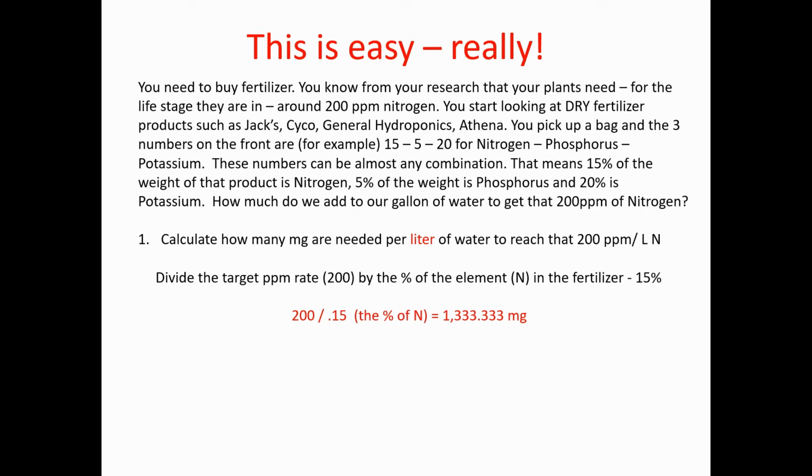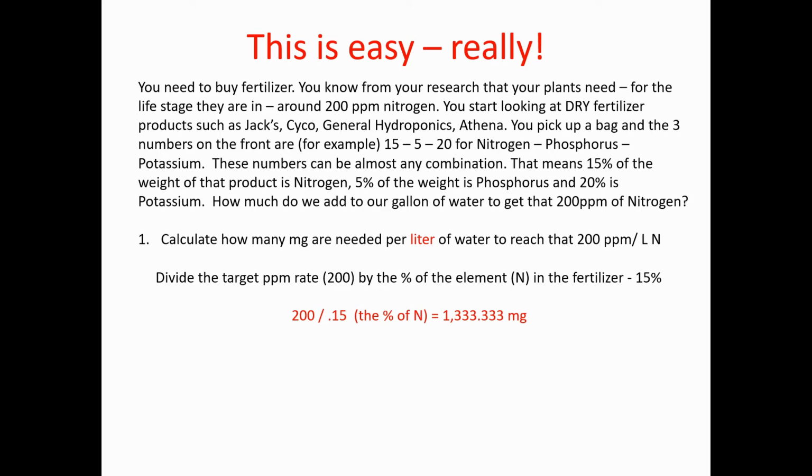So when we look at what we're calculating, we're taking 200, which is our target ppm, divided by the percent of the element. And when we divide by the percent, if it's 15%, we move the decimal point 2 places to the left. So we've got 200 divided by 0.15.